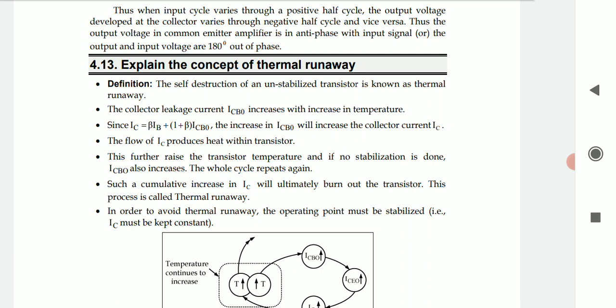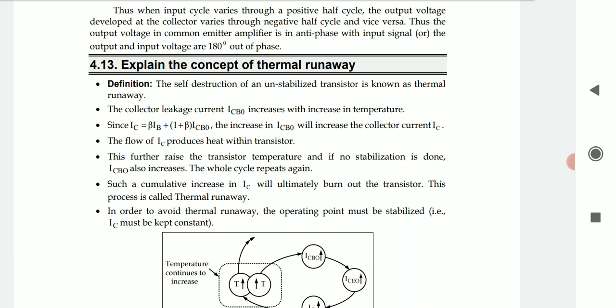From the collector current equation in common emitter configuration, IC is equal to beta IB plus (1 plus beta) ICBO, where ICBO is the leakage current. I told you about the leakage current. What is leakage current? This is due to minority charge carriers when reverse bias is applied.